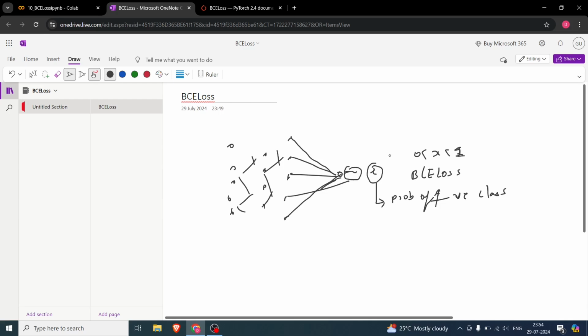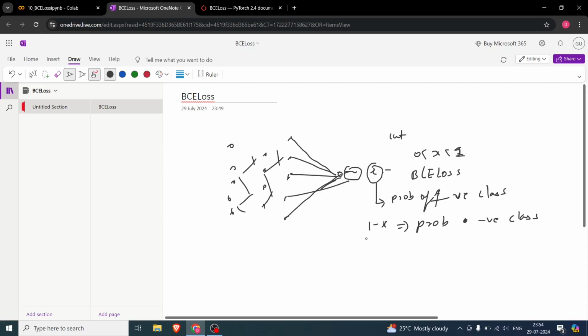If you are doing cat versus no cat, this is the probability of cat. So what is the probability of not cat, or the negative class? 1 minus x is going to be the probability of the negative class.